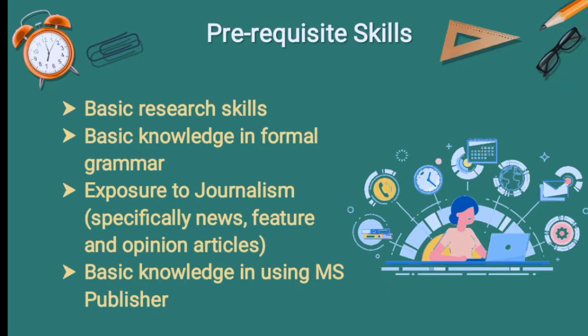And also, just like what I have said, since they are making news, they should have basic knowledge in formal grammar and exposure to journalism, such as news, feature, and opinion articles, for them to have an idea how to make articles or news, and the basic knowledge in using MS Publisher, since they had to type the news or articles that they have made in a document form, for example.